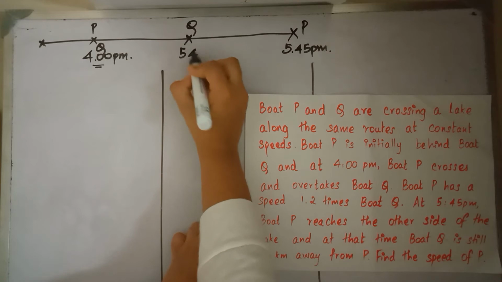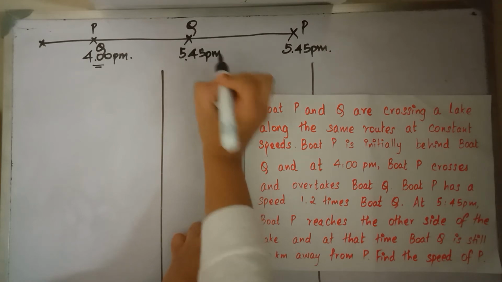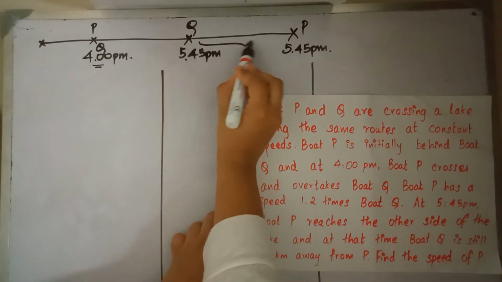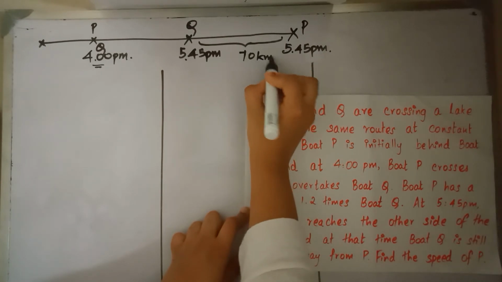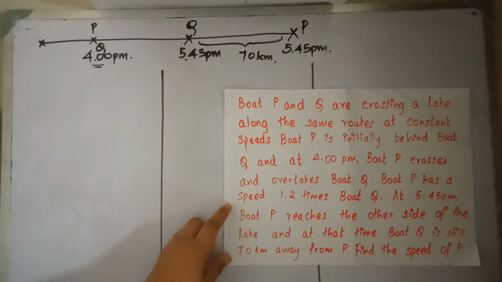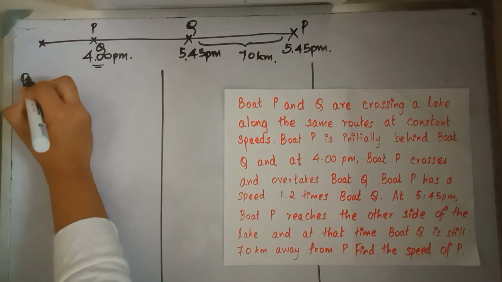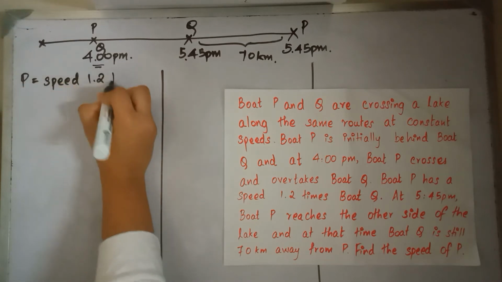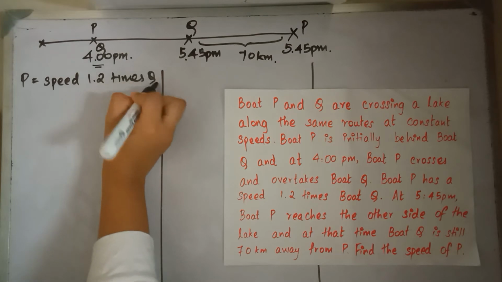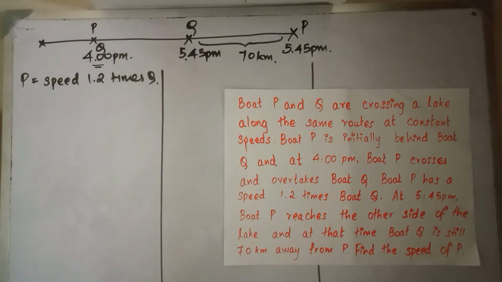And this is at 5:45 p.m. And the distance between P and Q is 70 kilometers. Now with all of this information, also it's given that P's speed is 1.2 times Q's. With all of this information, we are supposed to find out the speed of P.